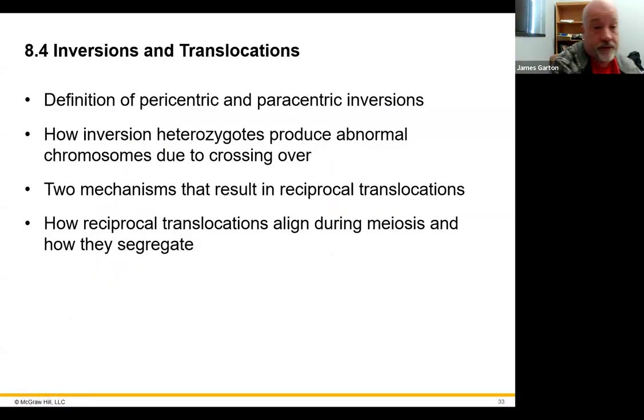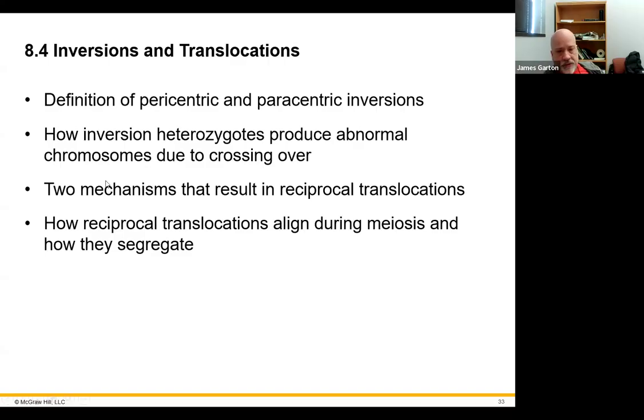Now you have inversions and translocations. And there's two types of inversion, those that span the centromere and those that occur on one side of the centromere or the other. And inversions make some interesting events happen in meiosis.